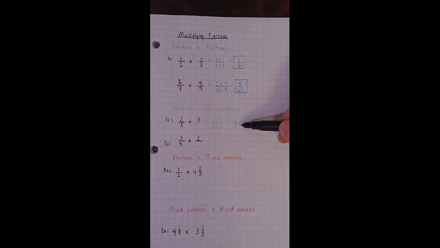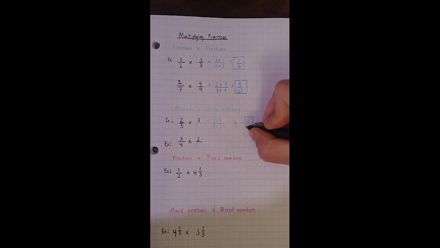So now I have a fraction of 6/3. So here I have to do a short simplification. I know that 3/3 would be 1 whole, but I have 6 total thirds, which means my answer is 2.